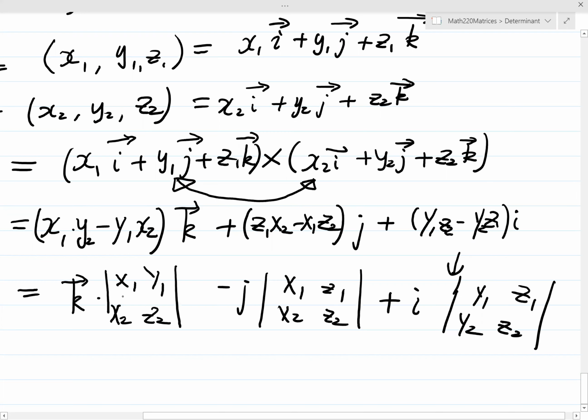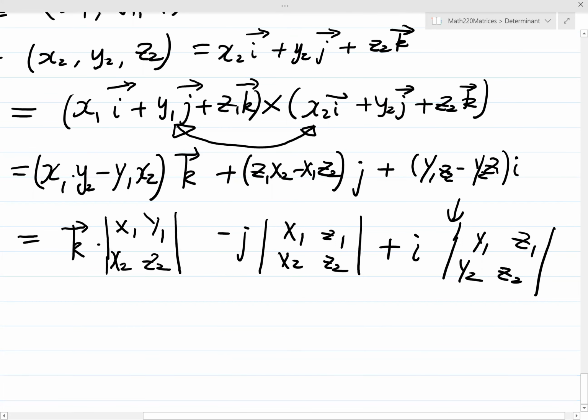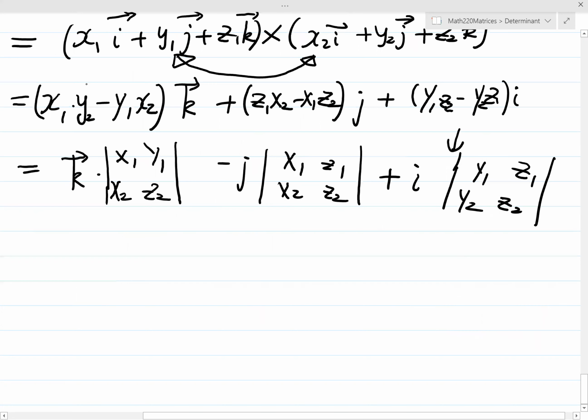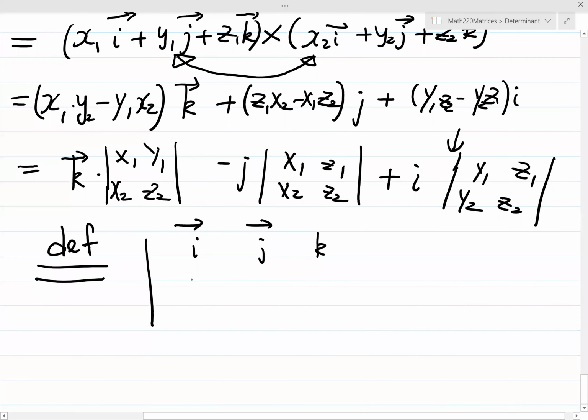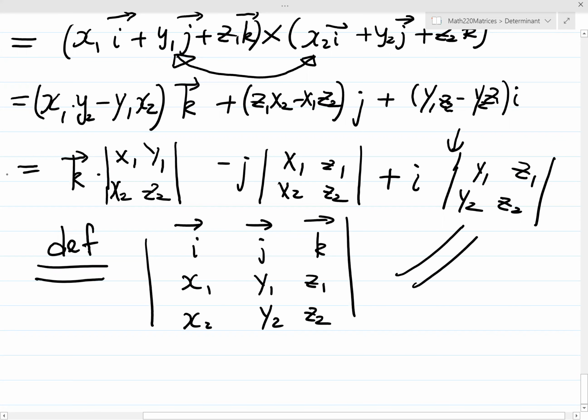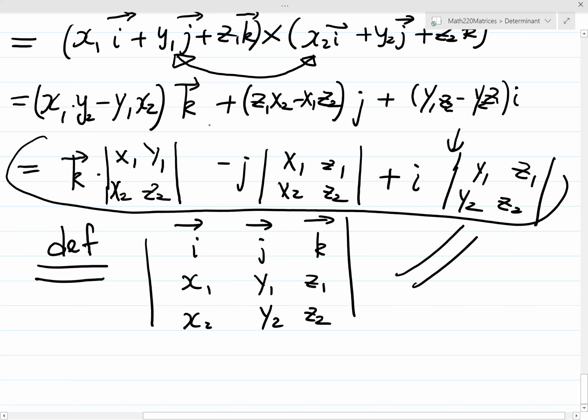So we define this to be the 3 by 3 determinant, with rows i j k, x1 y1 z1, x2 y2 z2. We define it to be the sum of the three terms.